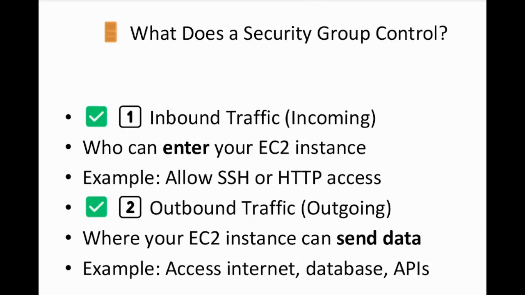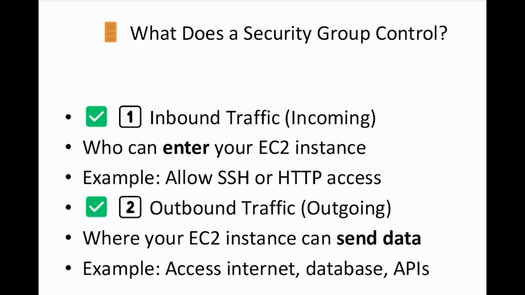So, what does a security group control? First one is inbound traffic, that is incoming, and second one is outbound traffic, that is outgoing. So, what is inbound traffic? Like who can enter your EC2 instance? This is controlled by the security group.